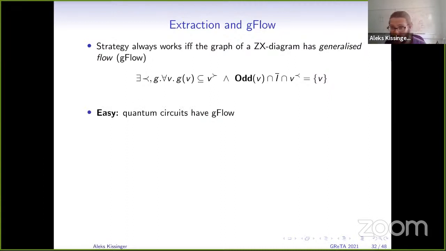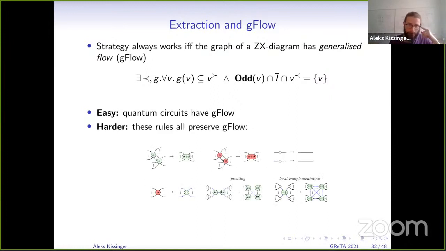But quantum circuits in particular have a G-flow. These ZX diagrams I get by cutting open my gates have a G-flow. That's easy to show. What's harder to show, but actually not too bad, is that all of these rules preserve a G-flow.